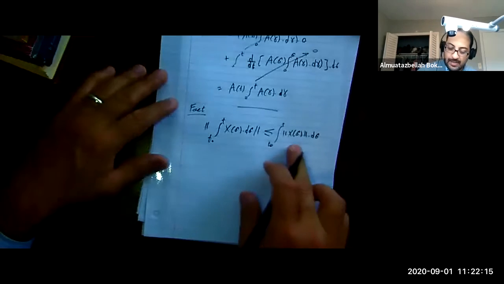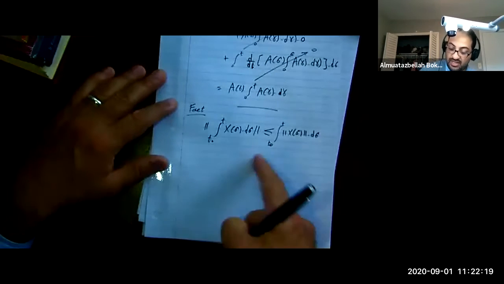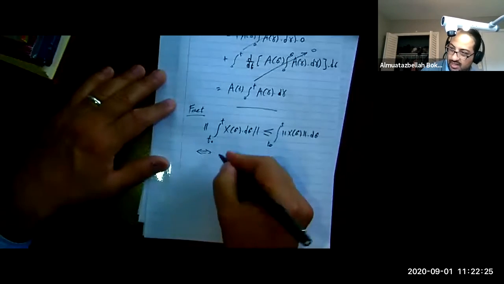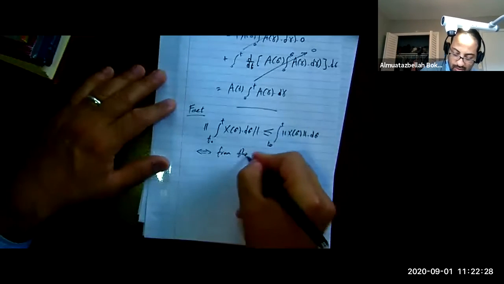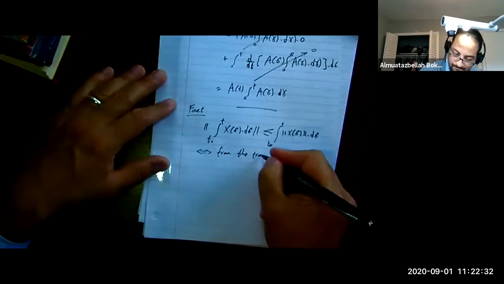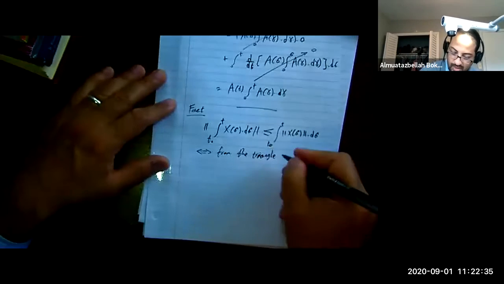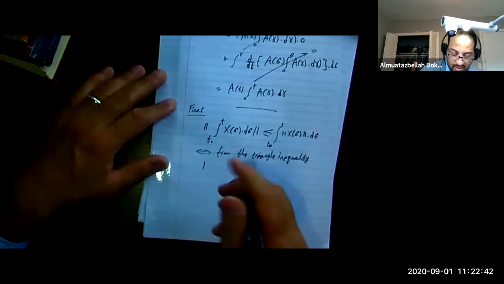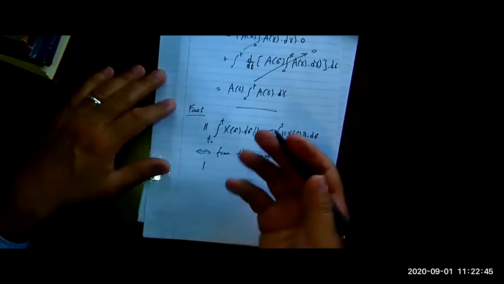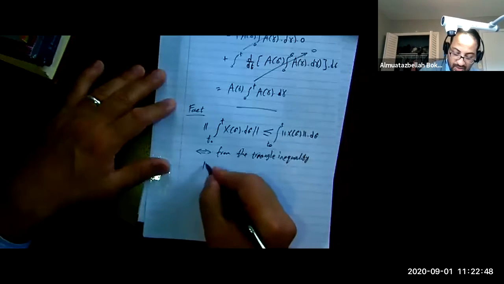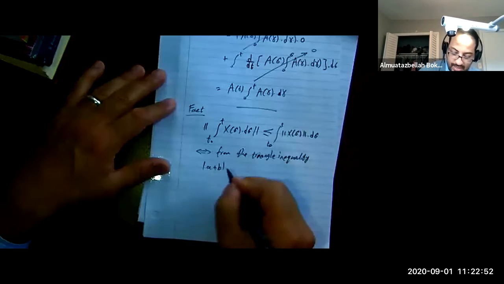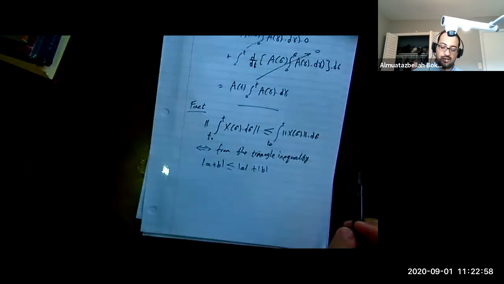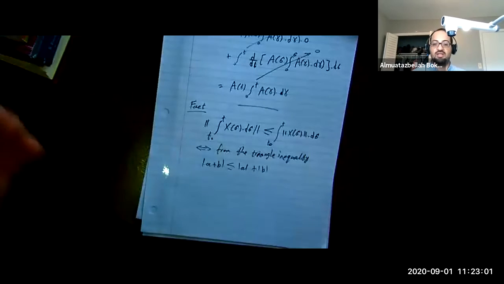So an explanation of this fact comes from the triangle inequality, which says that in the case of scalars, matrices or vectors, the magnitude of A plus B is less than or equal to the magnitude of A plus the magnitude of B. And you can recognize that integration is nothing but summation, right?